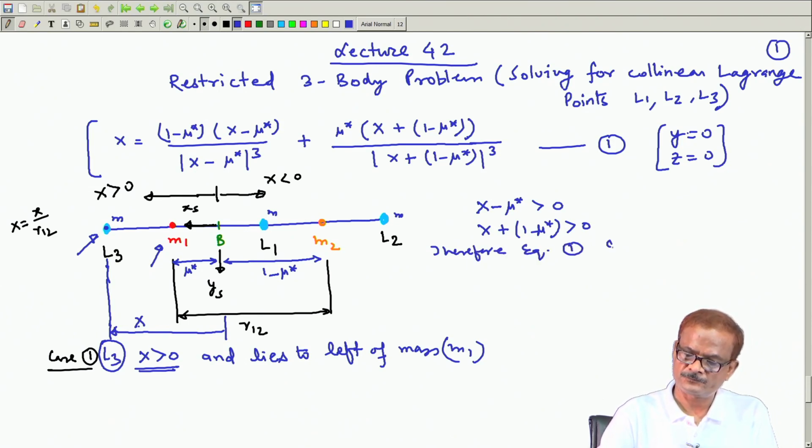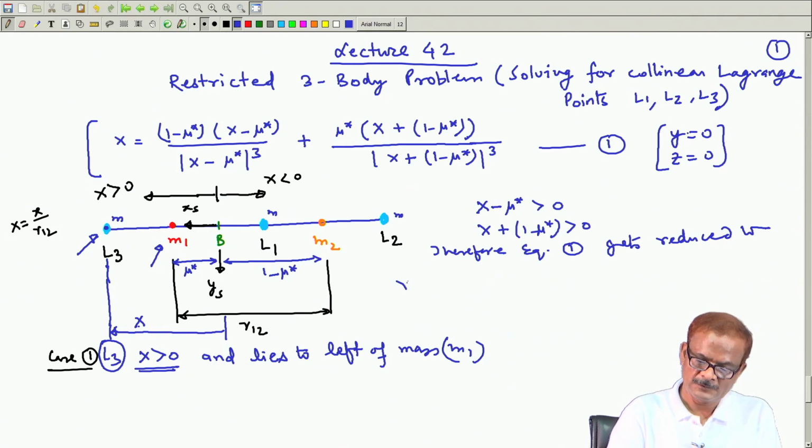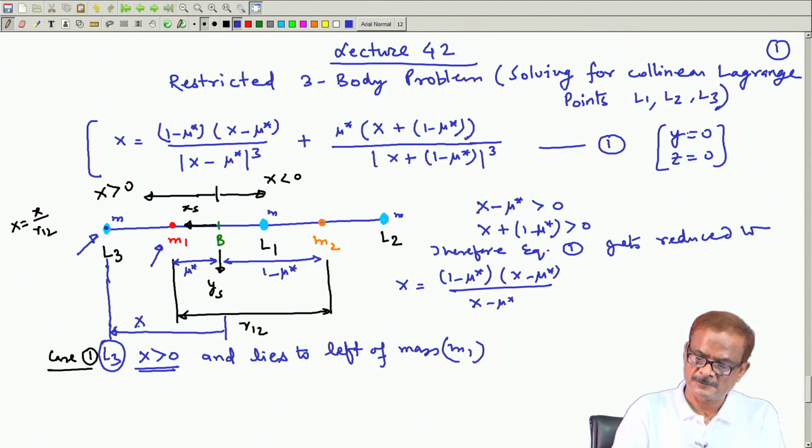And therefore, equation 1 gets reduced to x equal to 1 minus mu star, x minus mu star divided by the whole cube, because it is a positive quantity.